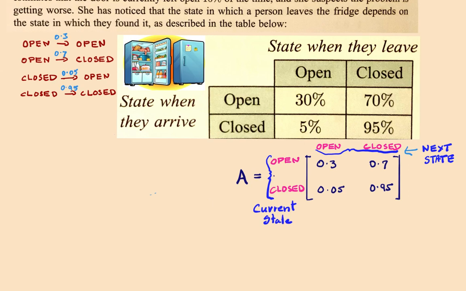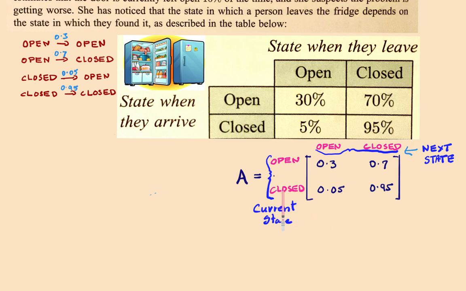And so if we start with open and finish with open, the probability will be 0.3. If the current state is open and the next state is closed, then the probability will be 0.7. The same with if the current state is closed, then the probability of it being open will be 0.05.